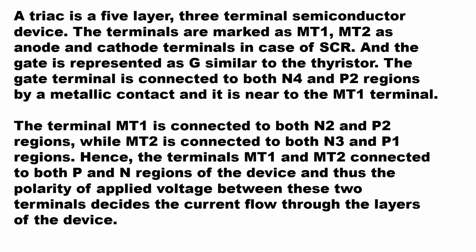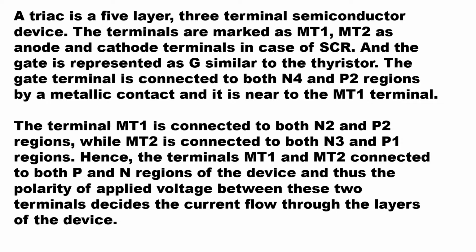Okay. So here you can see the definition and the structural description of a triac. A triac is a five-layer, three-terminal semiconductor device. The terminals are marked as MT1, MT2, that is main terminal 1, main terminal 2, as anode and cathode terminals in case of SCR. And the gate is represented as G, which is similar to the thyristor.